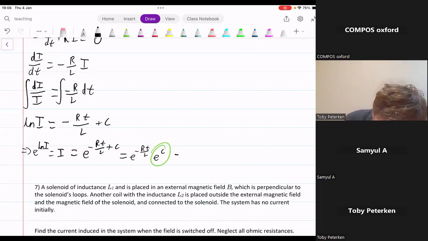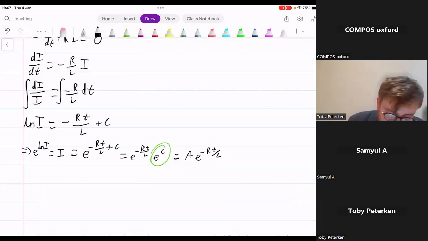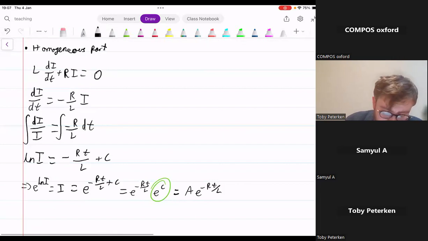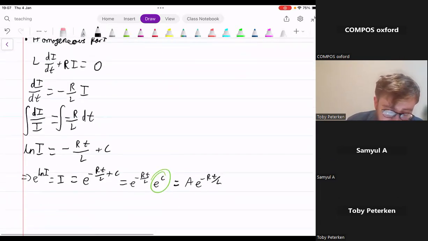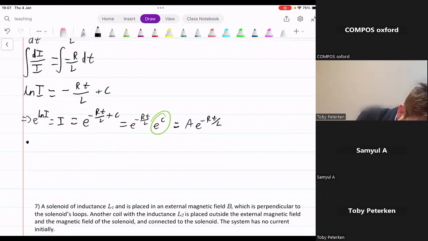So we can write it as A, which is just another constant, times e to the minus Rt over L. So we've got the homogeneous part. Now we need the particular integral.